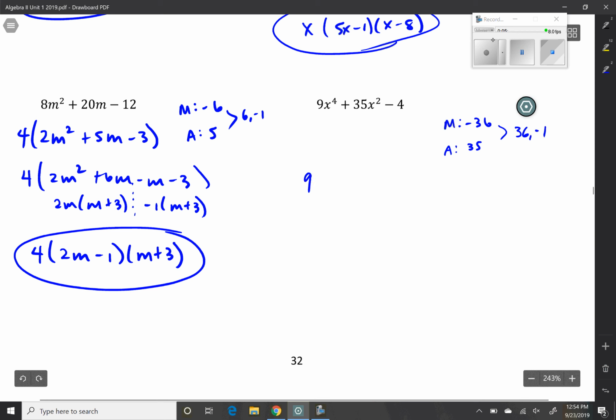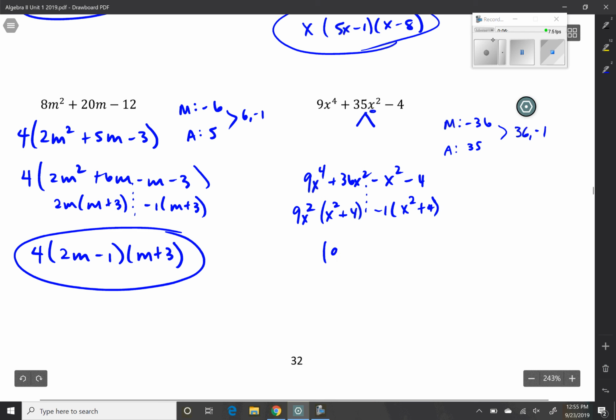So when I break this up, I'm going to have 9x to the fourth plus 36x squared. Remember, I'm breaking up this term, so that expression of x squared is going to be there. Minus x squared minus 4. So what do we get? 9x to the second times (x to the second plus 4), negative 1 times (x to the second plus 4).